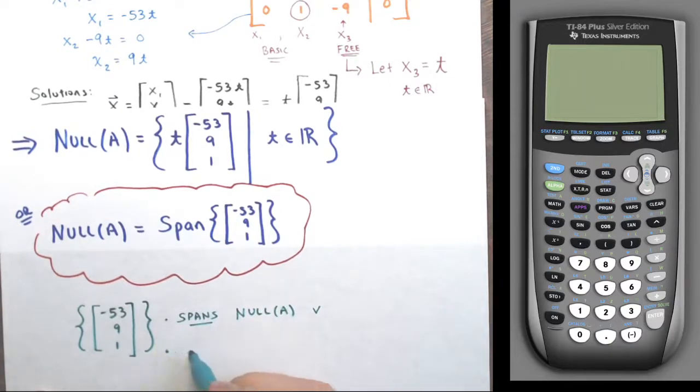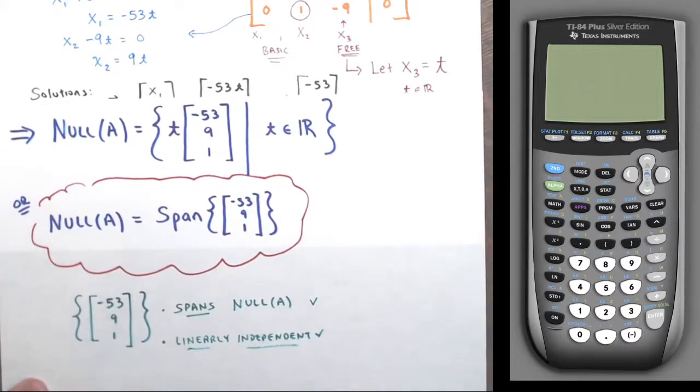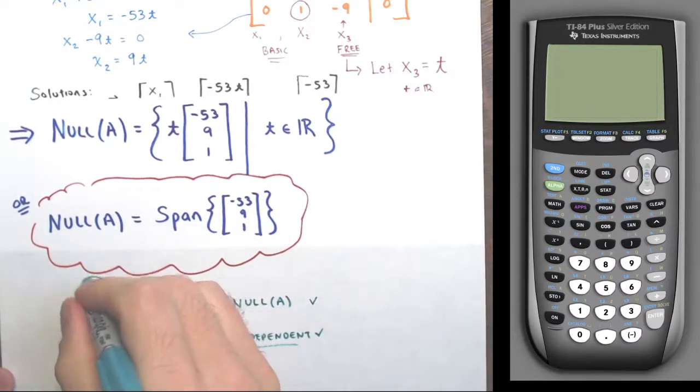And it is linearly independent because it's a single vector, right? It's a single non-zero vector. So it's definitely a linearly independent set. Check.